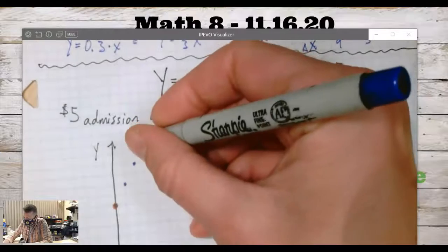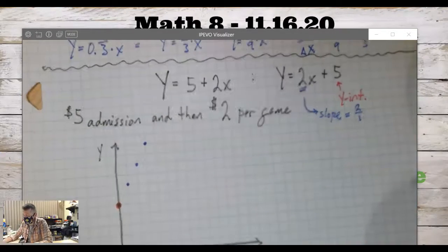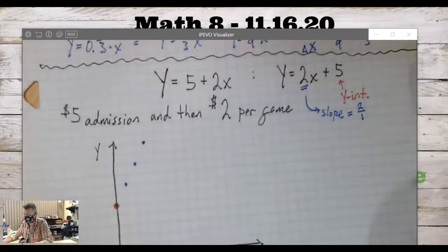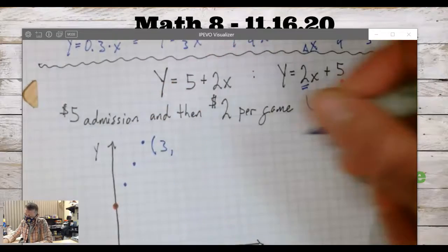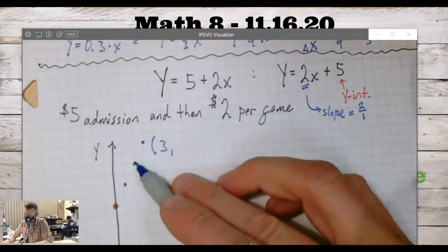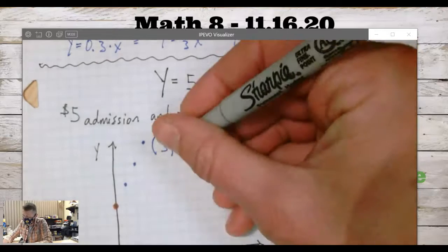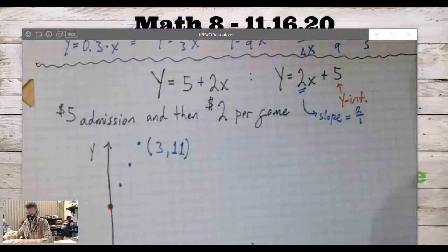So if I go there and I play only 3 video games, or sorry, not video games, arcade games, my cost will be, okay, $5, $7, $9, $11. And this is what we call graphing slope-intercept form.